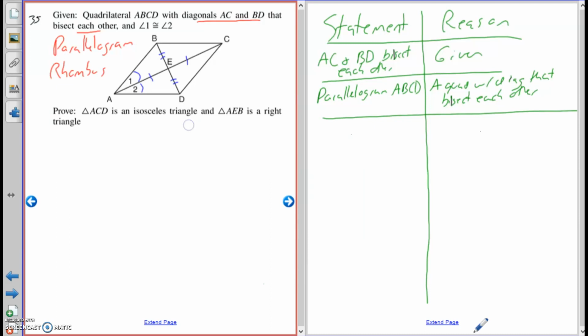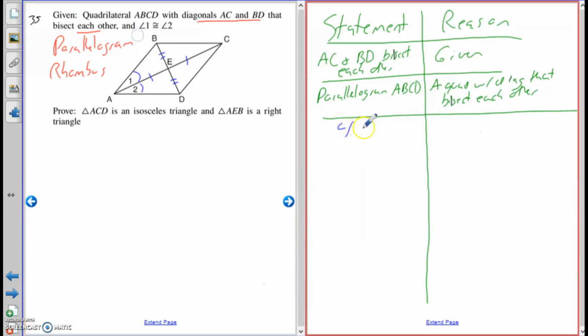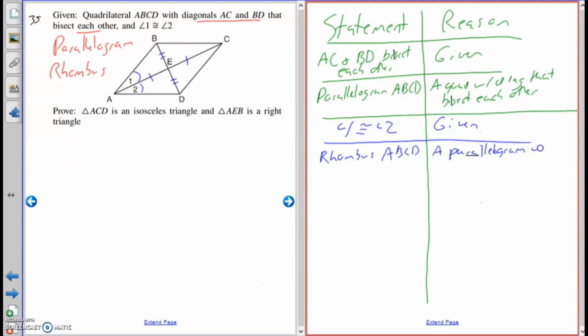Then the fact that you're given angle 1 is congruent to angle 2, that's enough to prove rhombus ABCD, because now it's a parallelogram with diagonal angle bisectors.